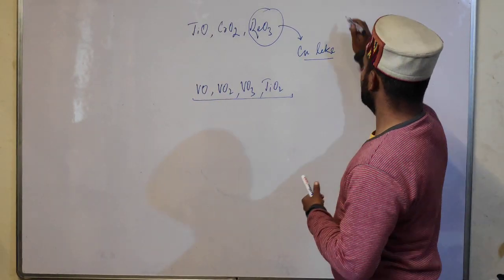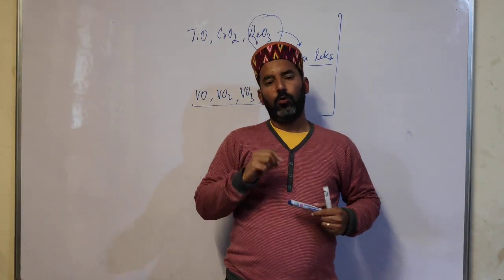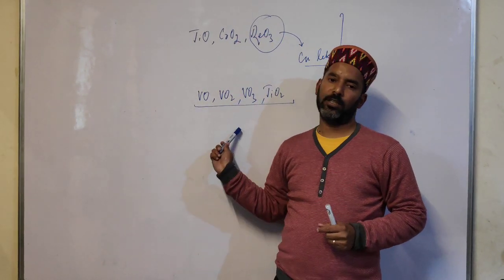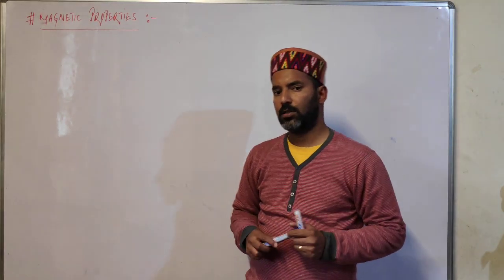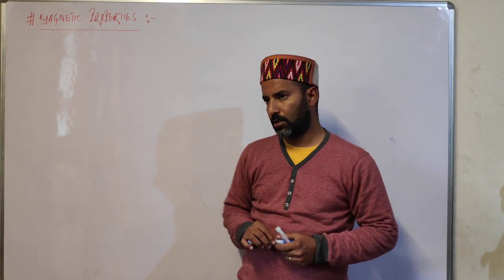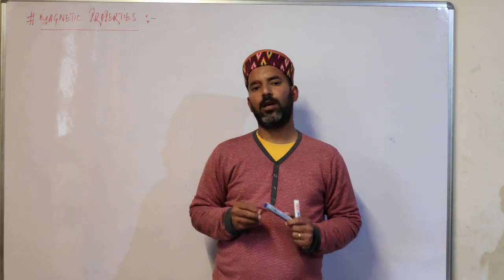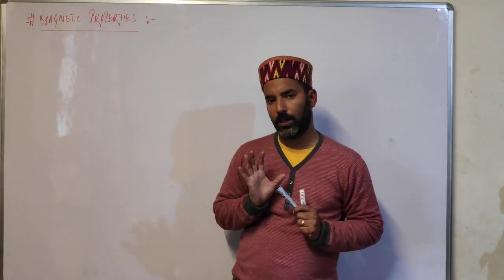So students, this was our discussion about electrical properties. Now students, we will discuss magnetic properties of solids. Students, the next we have magnetic properties of solids. Now students, let me tell you that every substance has some magnetic property associated with it.